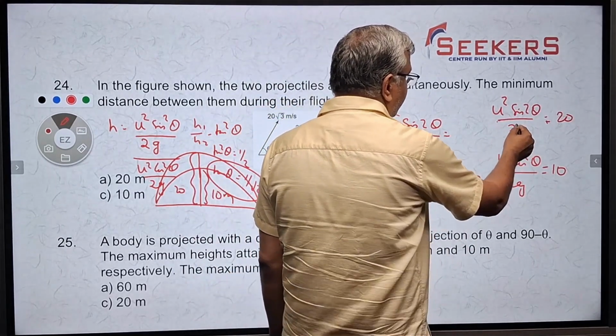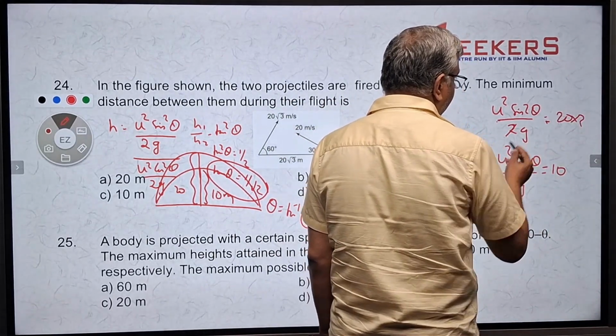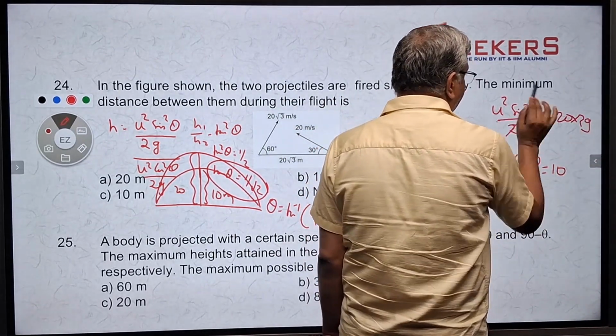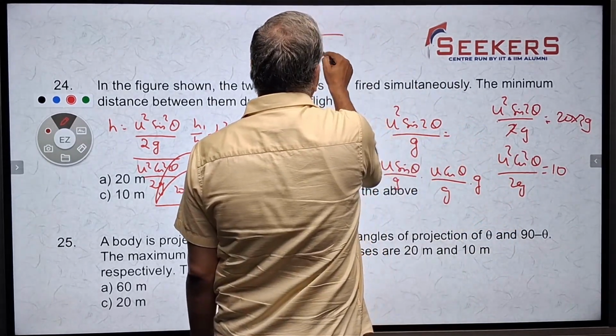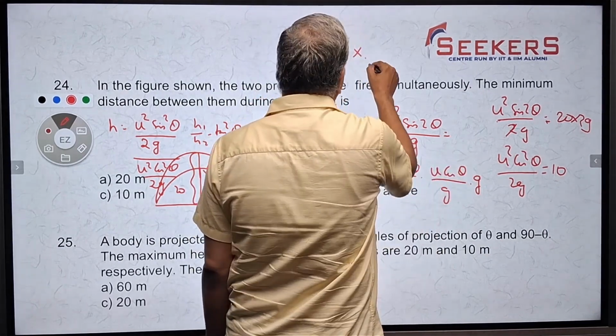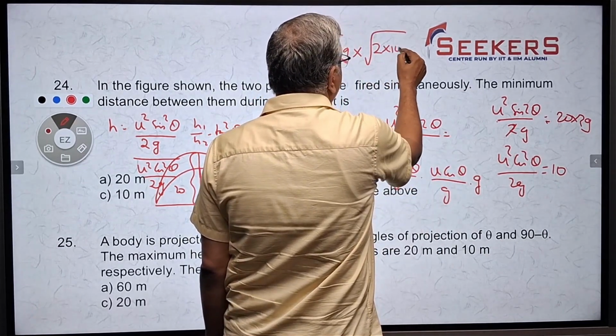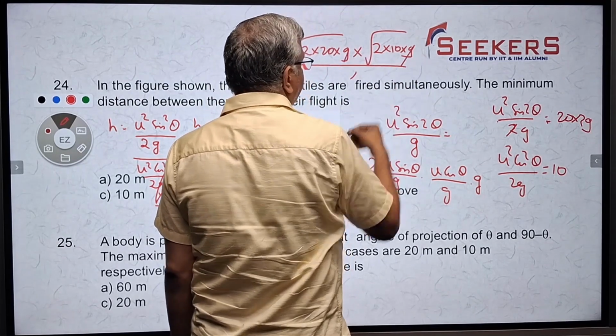From here I will take the 2 this side, then the g also this side, and take the square root. So the answer should be the square root of 2 into 20 into g, into the same thing on this side, root of 2 into 10 into g, this whole thing divided by g. So the g will get cancelled.